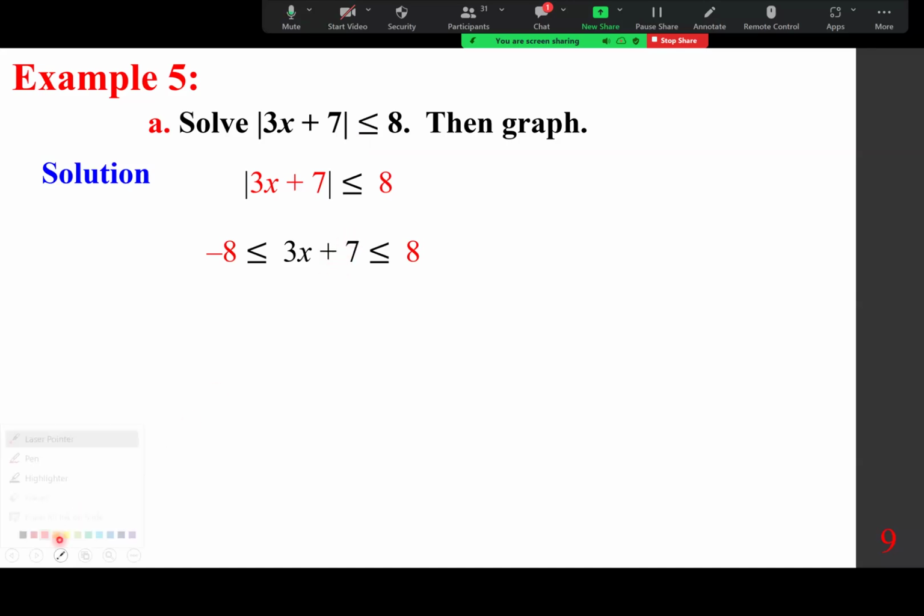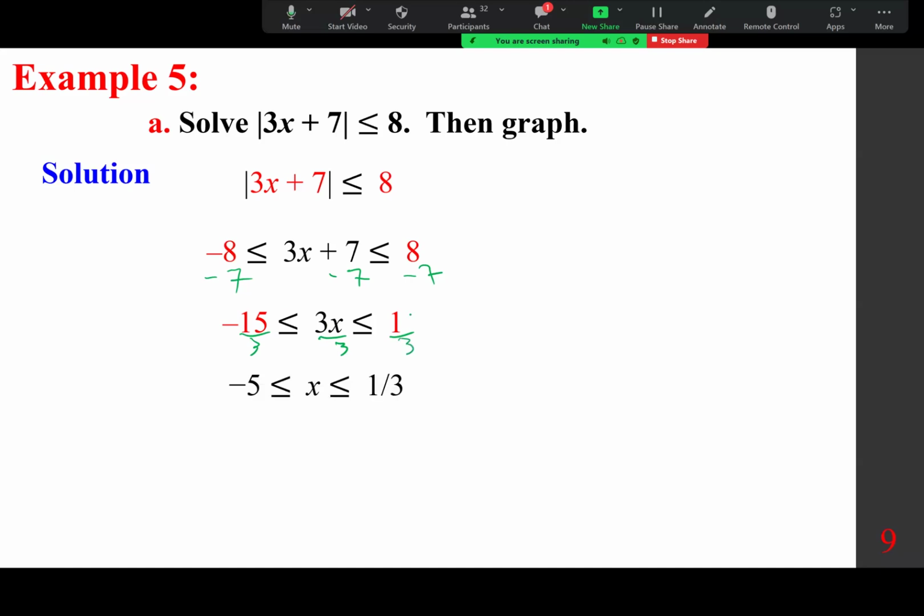Removing the 7, meaning -7 is added to all three sides. So -15 less than or equal to 3x less than or equal to 1. You're going to divide this by 3, and you get -5, and this one you get 1/3. So x is sandwiched between -5 and 1/3.